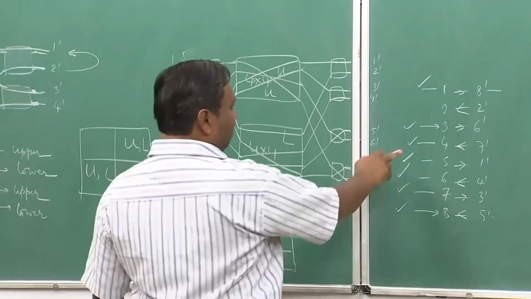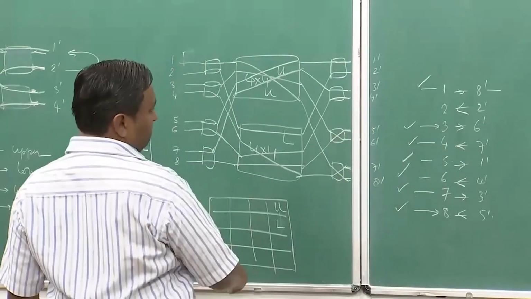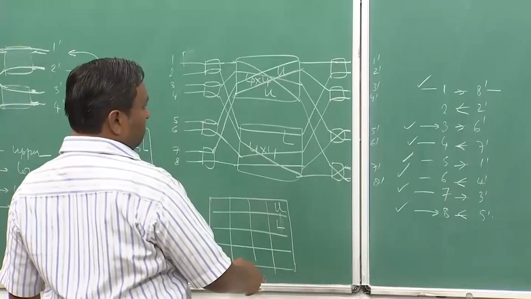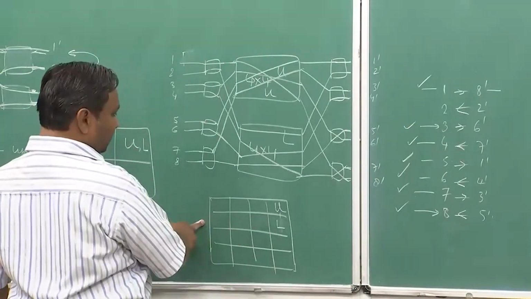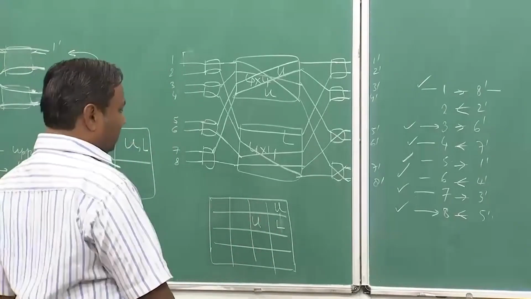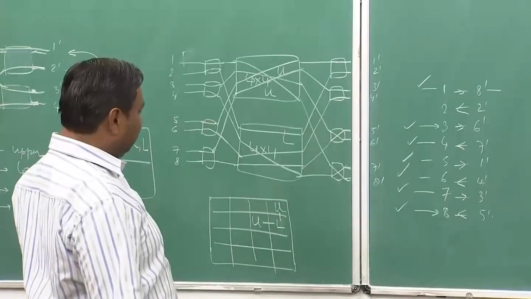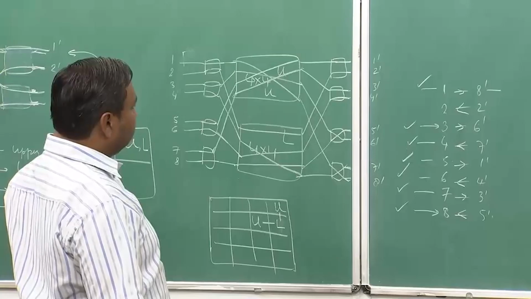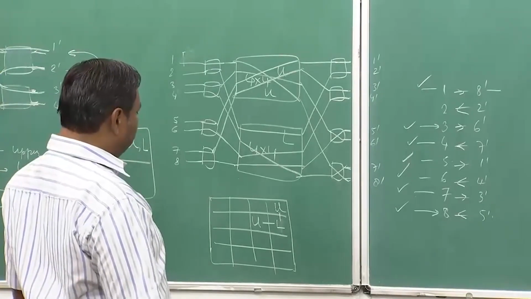And then I am doing 3 to 6 prime. So 3 stands here, 6 comes here, I am using the upper part. So remember, this is the way I am going, and then I am using 5 prime being connected, 8 to 5 prime.